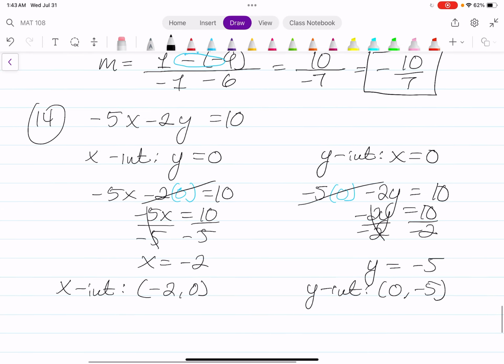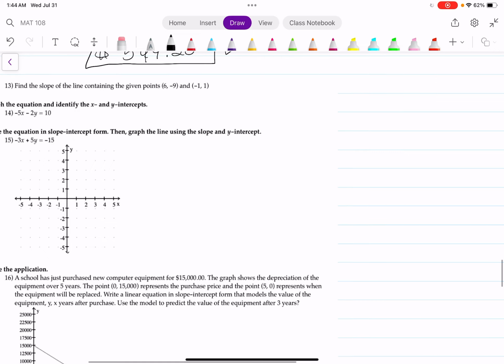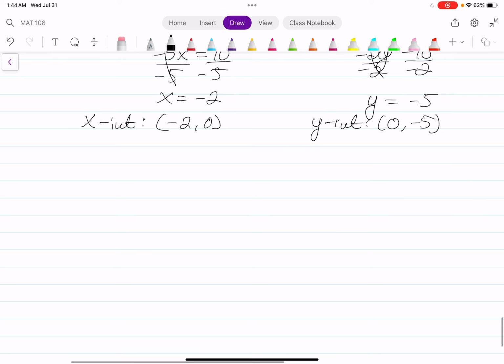This question said graph the line using the x and y intercepts. And I kind of do not want to do it, but I will because I'm going to answer the question. So I'm just going to draw a basic sketch, nothing pretty, nothing fancy.